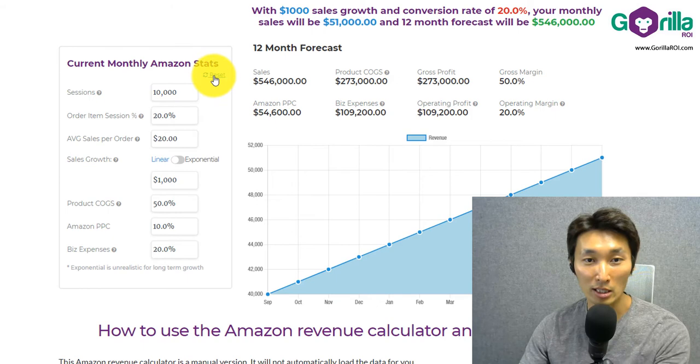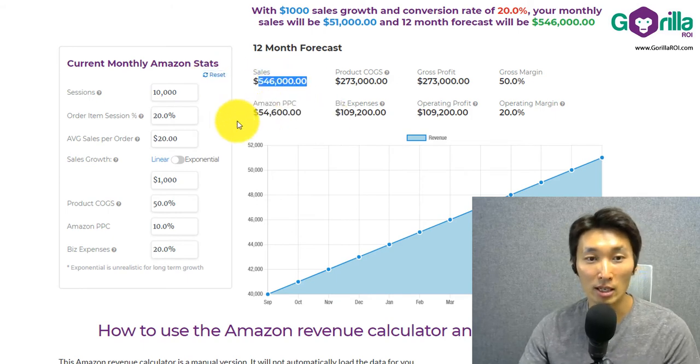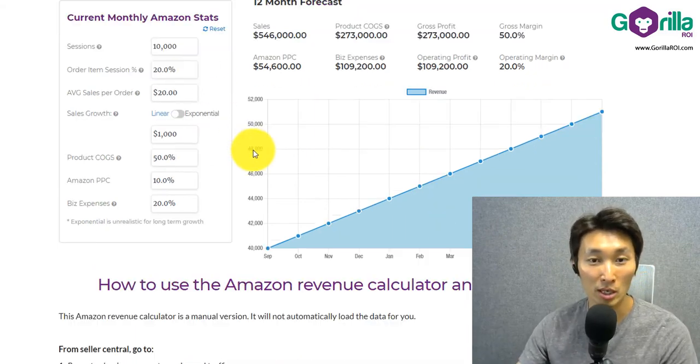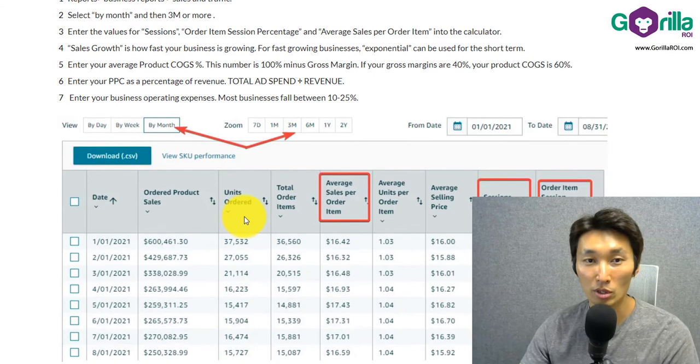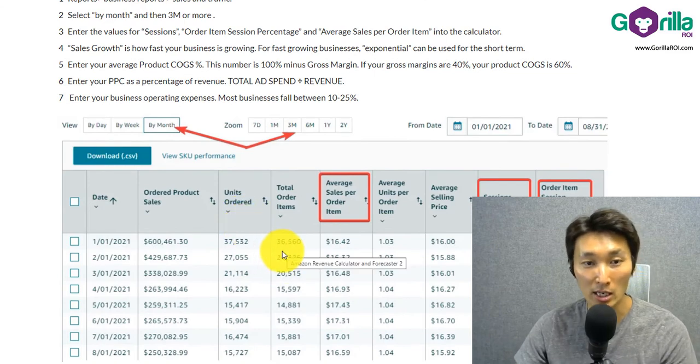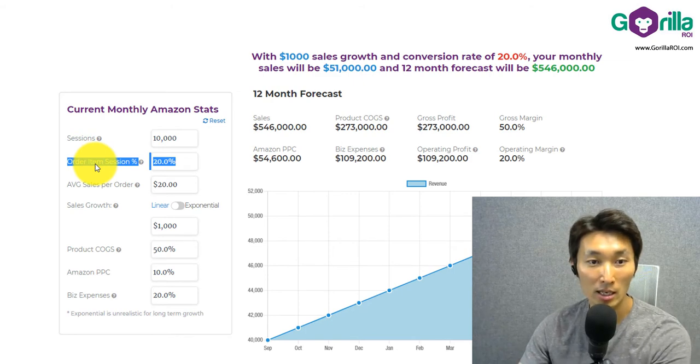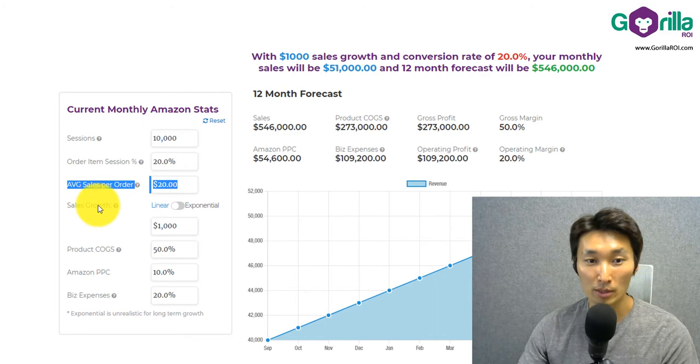The default example that you see on the screen is one where all this information you get from your business reports. So just go into Seller Central, go into your business reports, and the information that you need is going to be your sessions, your order item sessions, as well as your average sales order.